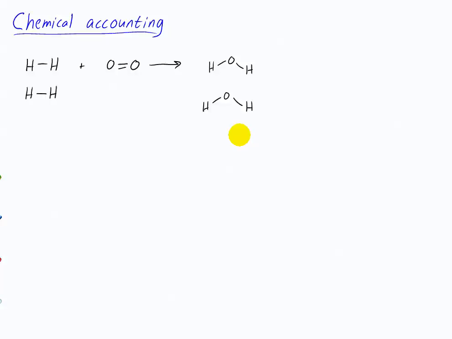It's not, right? We have 4 hydrogen atoms on the left and 4 hydrogen atoms on the right. So there's 4 hydrogen atoms here and 4 hydrogen atoms here. And we've got 2 oxygen atoms here and 2 oxygen atoms here.